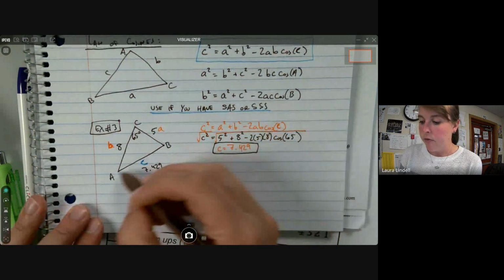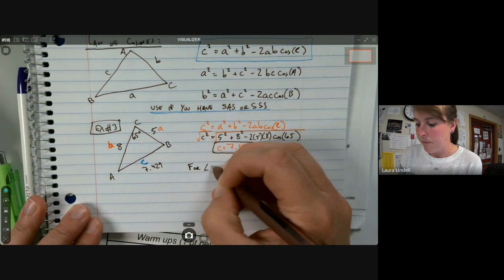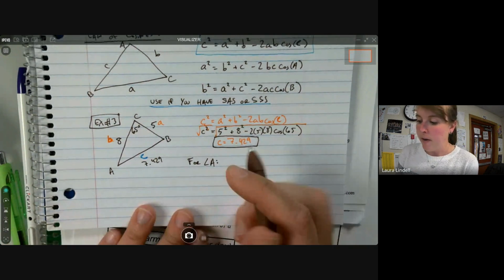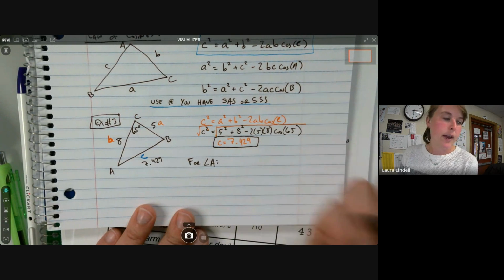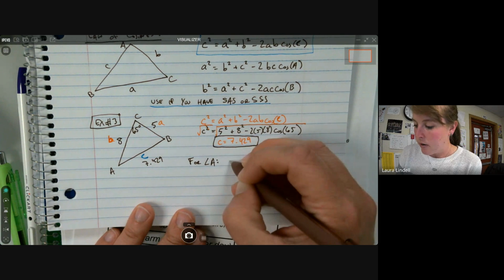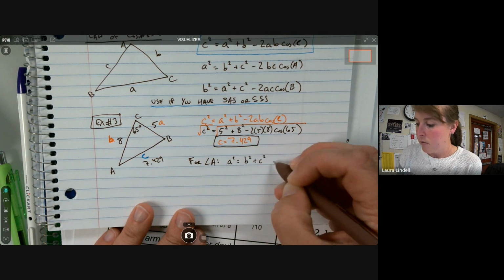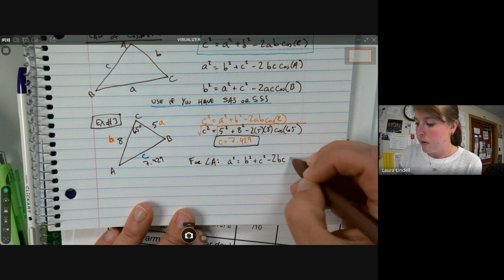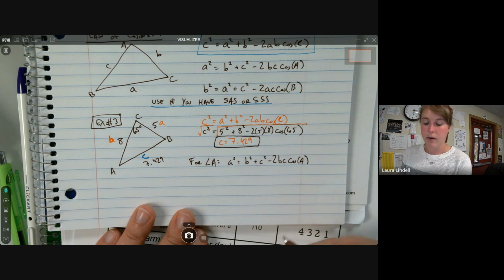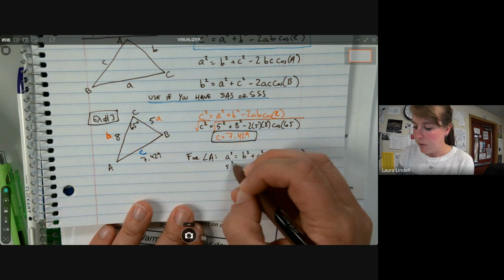Doesn't matter which one you solve for next, angle A or angle B. I'm going to start with angle A. So to solve for angle A, I'm going to need to use the formula that has angle A in it, which means I'm going to start with A squared equals B squared plus C squared minus 2BC cosine of A. Okay, so I know A is 5, so 5 squared.